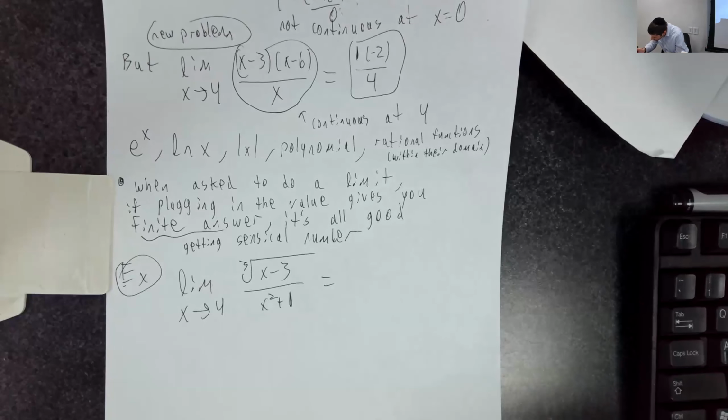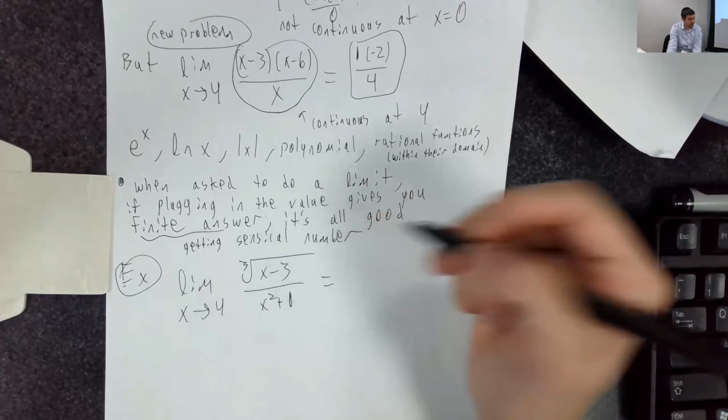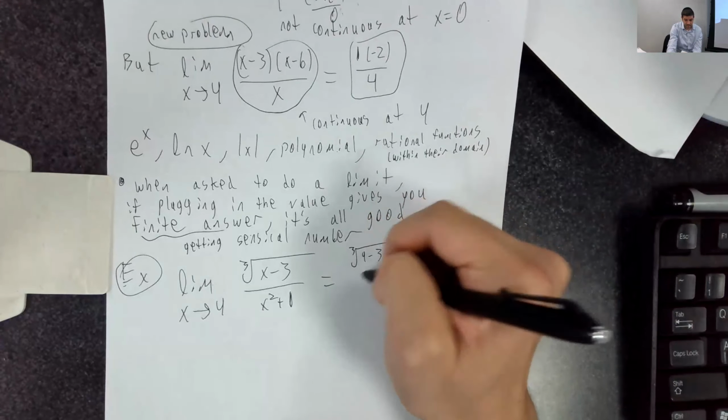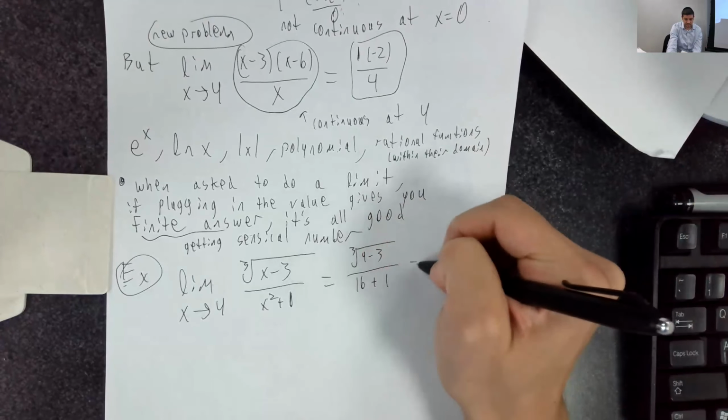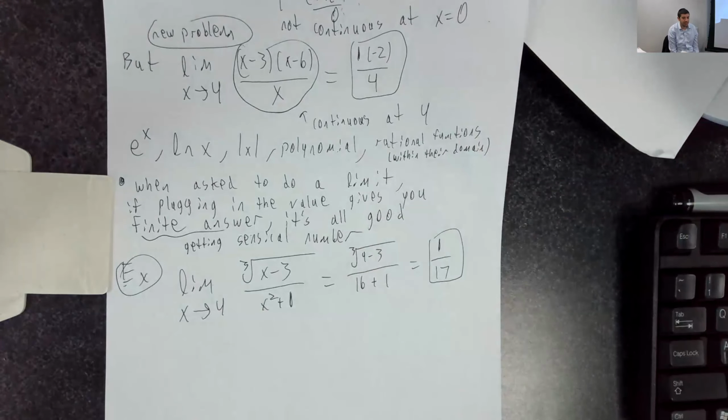Raphael? Okay. So what do you get? 1/17. So what did you do? I plugged in 4. One over 16 plus 1. Good. You just plug in. If you get something like 0 over 0, you have to do something else. If you get something like c over 0, like we had in the last section, you have to do something else. But if you're getting a number out of it, then you're dealing with a continuous function. So there's not much going on with the limit.